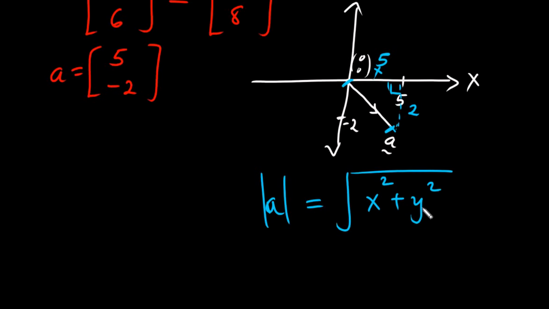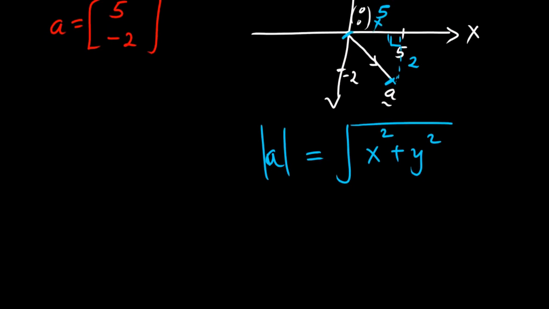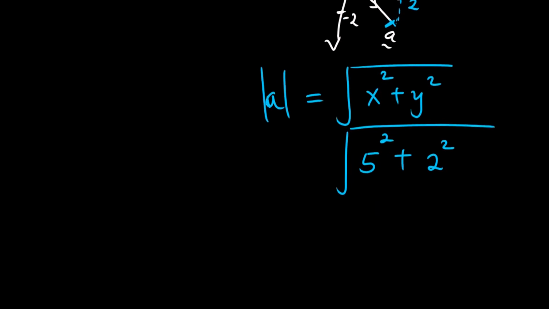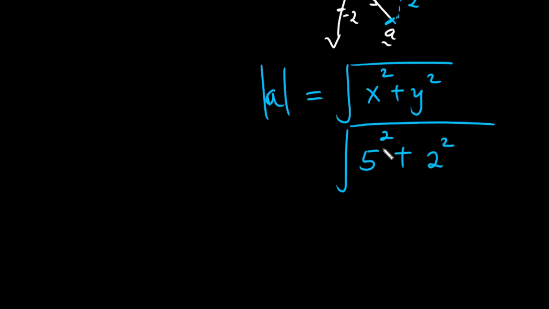For this case, we have x as 5 units, so it's 5 squared, plus y, which is 2 squared. So 5 squared is 25, and 2 squared is 4, so we have 25 plus 4, and this is equal to the root of 29.